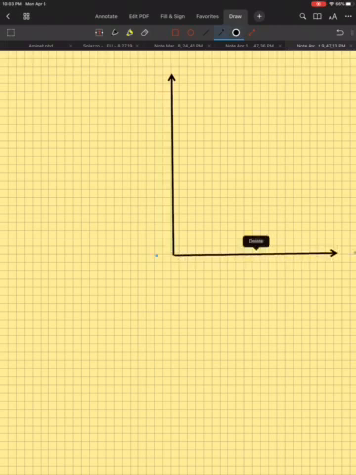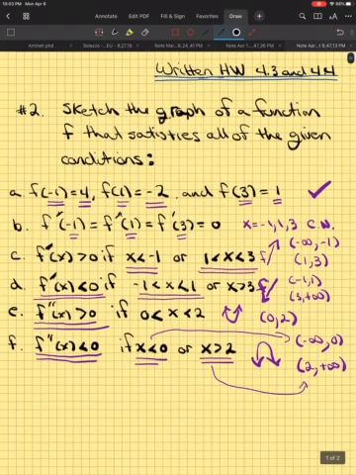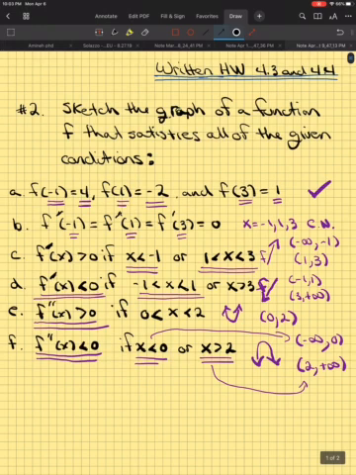Let me draw a line. There's 1. There's 2. There's 3. And there's 4.